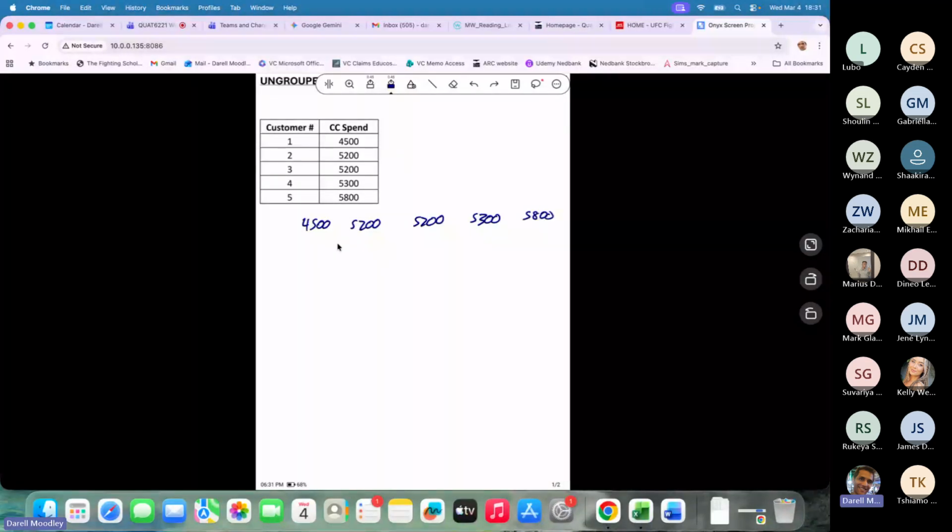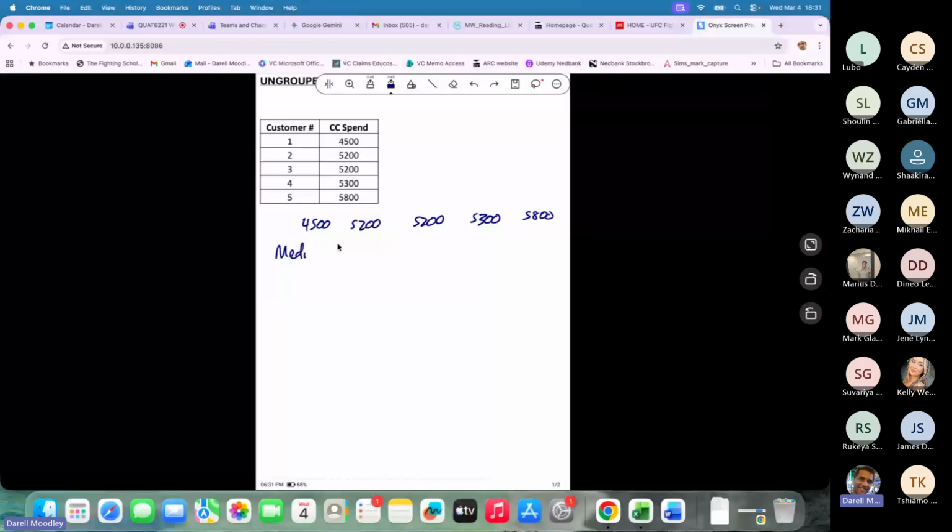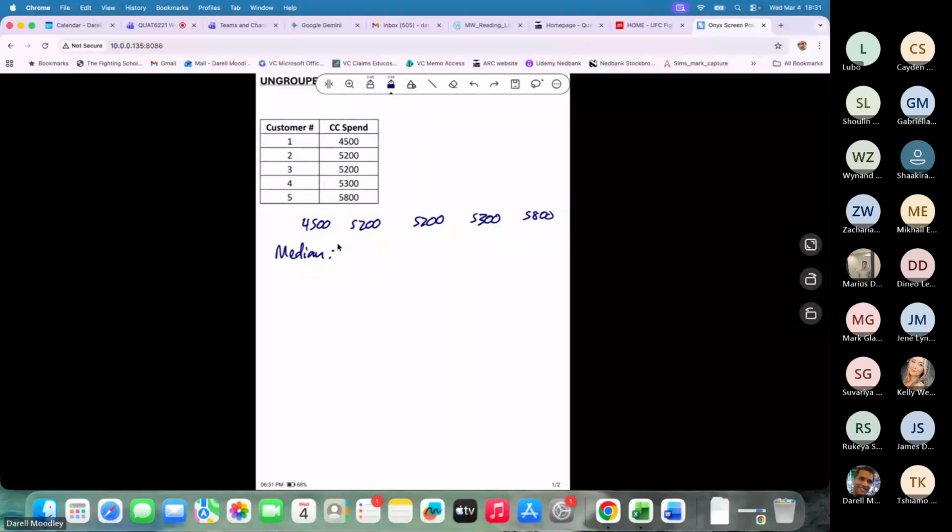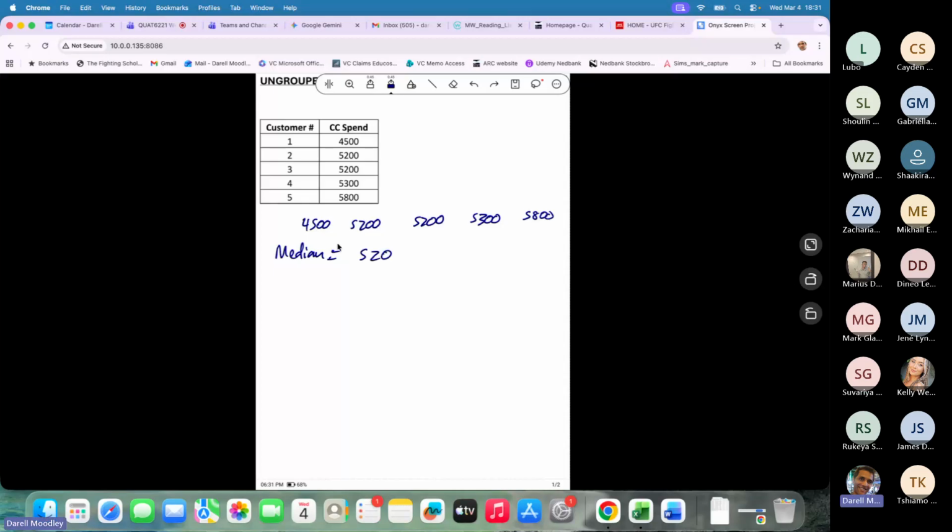And we worked out our median to be 5,200, the middle value. Because the median is the middle number, that means half of our data lies below that, and half of the data lies above it. That's what we mean by the middle value.